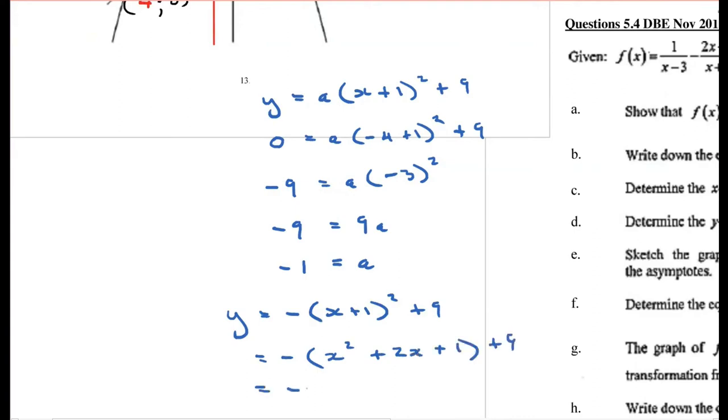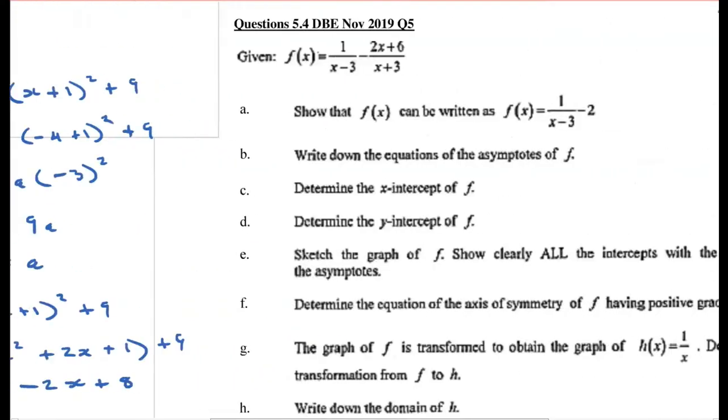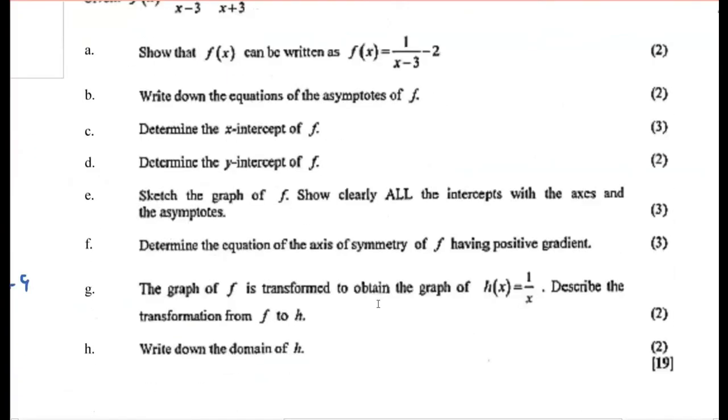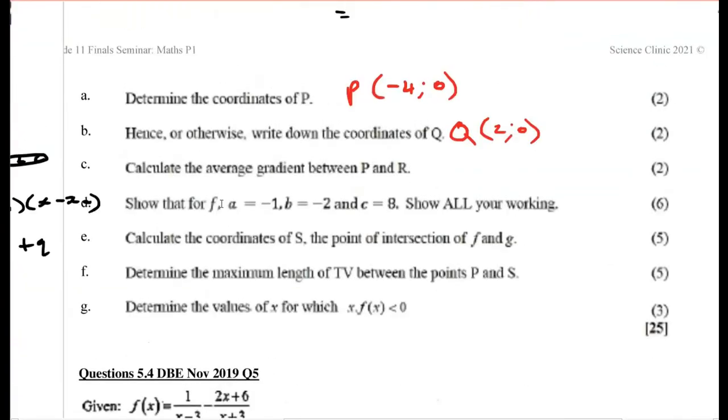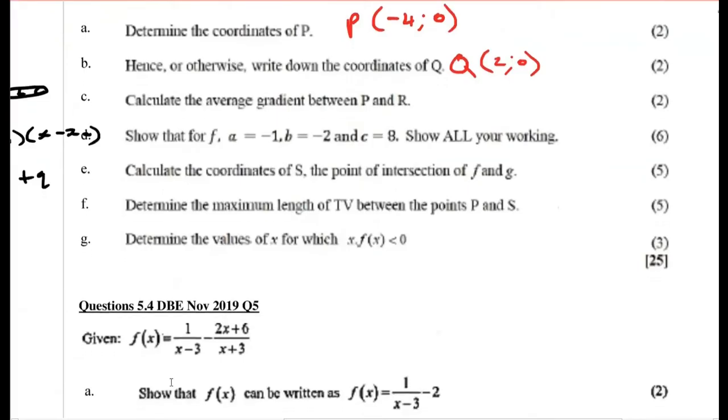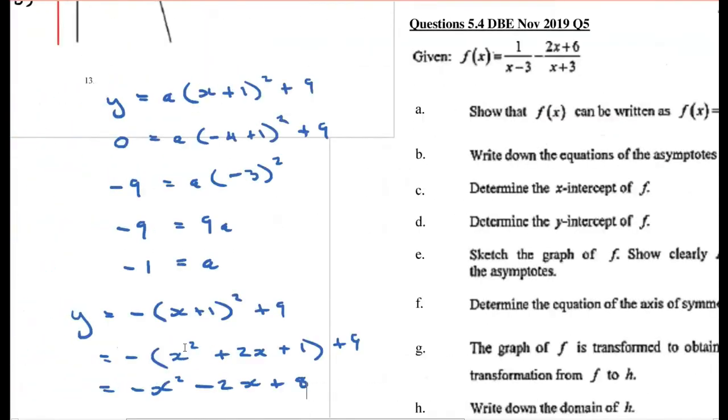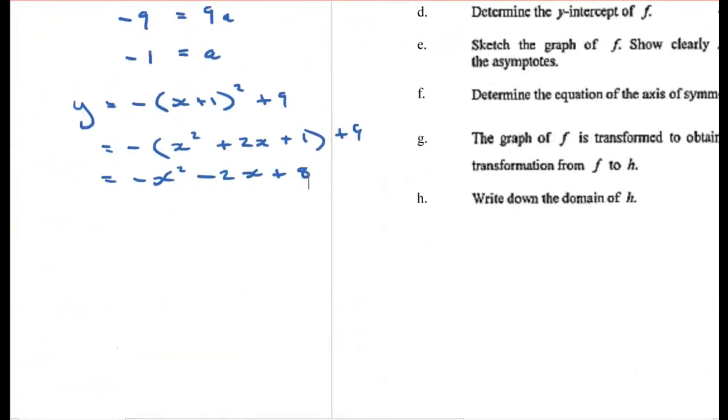Distribute that negative in there: negative x squared minus 2x minus 1 plus 9 is positive 8. And there you go. Now let's have a look. Show that a is -1, b is -2, and c is 8. And that's what I'm going to do over here. Therefore, a equals -1, b equals -2, c equals 8.